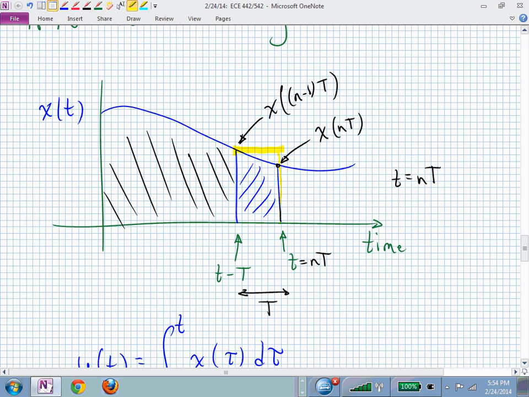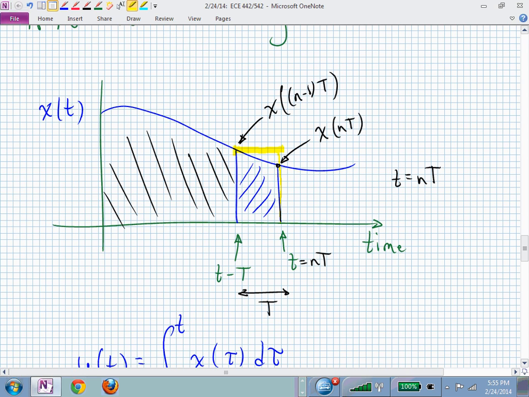It's the forward approach. I'm looking forward from time little t minus capital T. And what's the area of that rectangle? It's a good thing we did our geometry class, right? It's just that height, x of (n minus 1)T, times the width, which is capital T. So that's easy to do that integral.